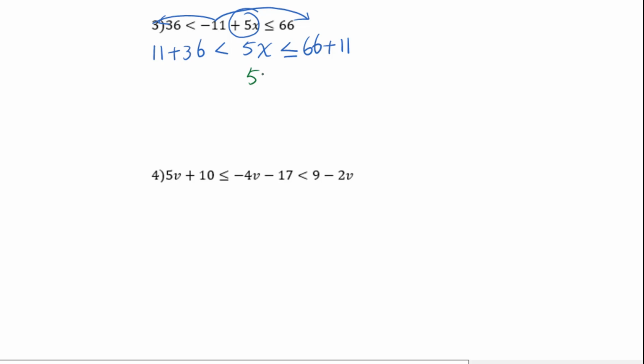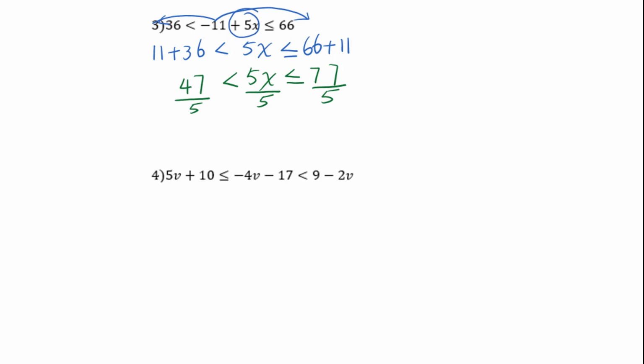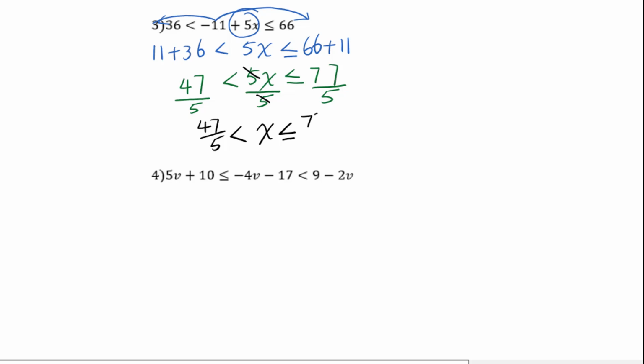So we have 47 less than 5x less than or equal to 77. Then we divide by 5. Since we divided by a positive number, the symbol stays. Reduce. Here's 47 over 5 less than x less than or equal to 77 over 5.